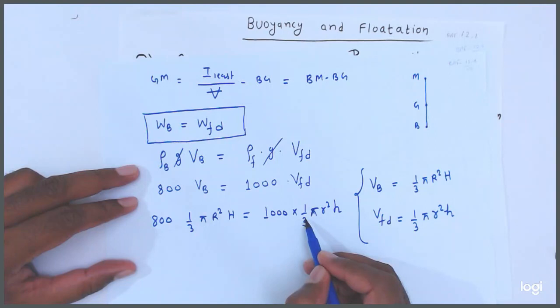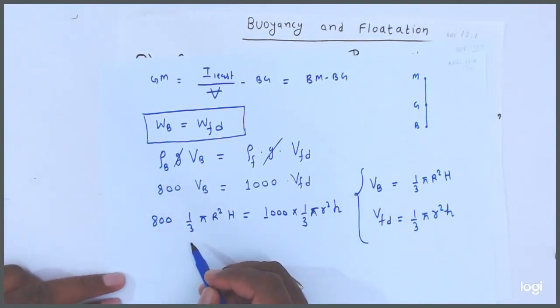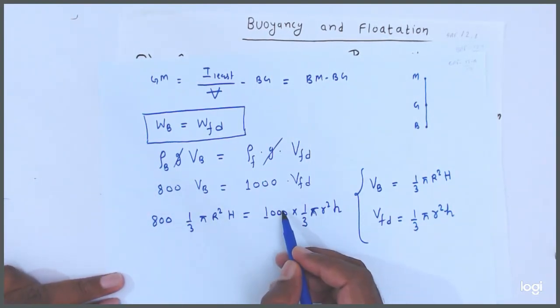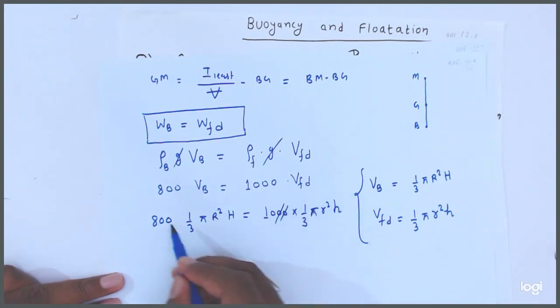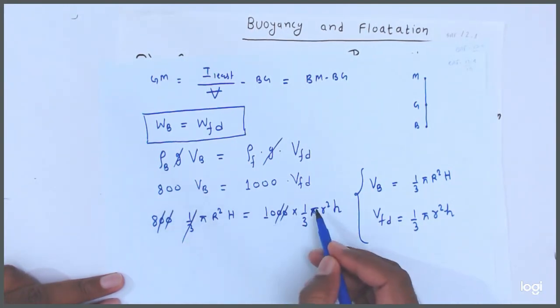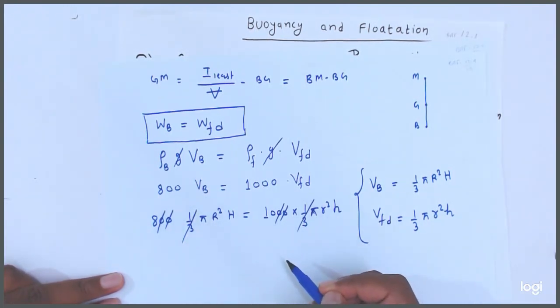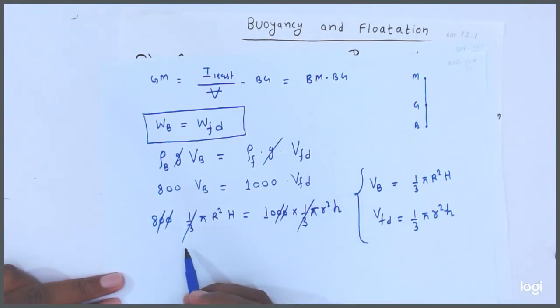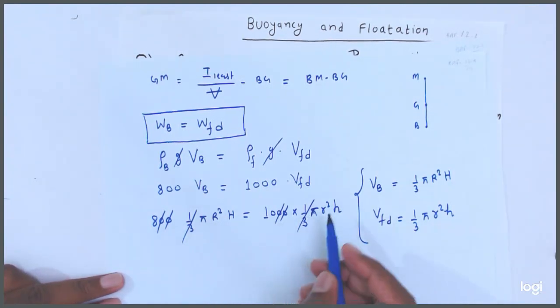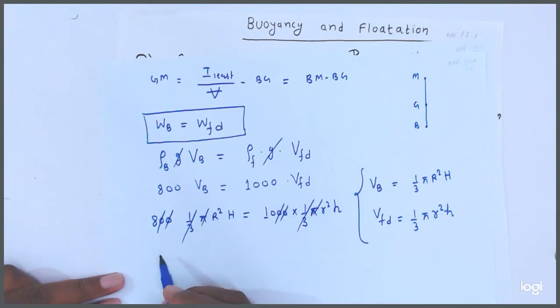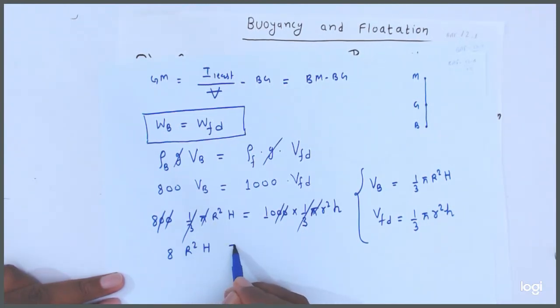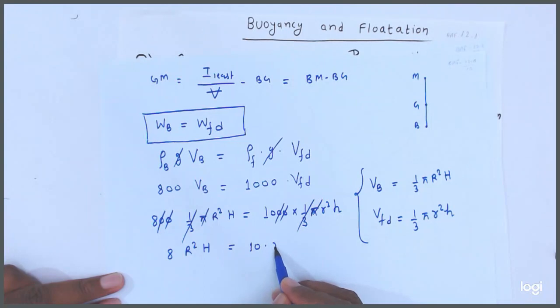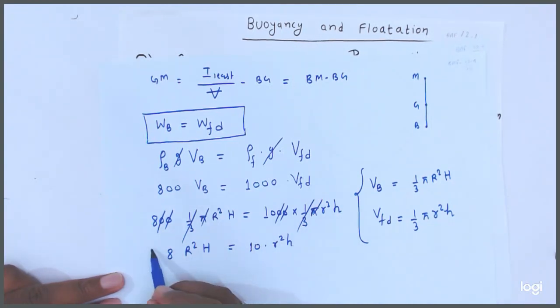So 1 by 3 will cancel out here, and the zeros will cancel out. 1 by 3 and 1 by 3 will cancel out here. So what is left here, friends? And pi to pi also cancels out. So 8 into capital R square H equal to 10 into, here 10 is left, 10 into small r square into small h.